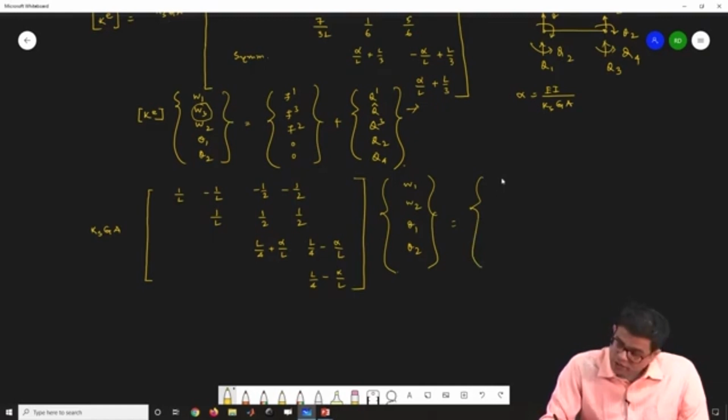The force vector will have F1 plus half of F3 hat. I will define F3 hat.